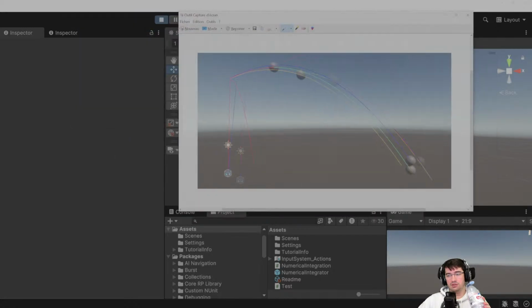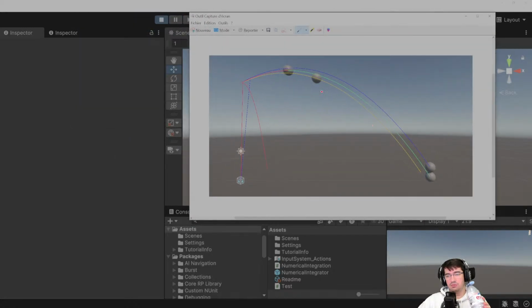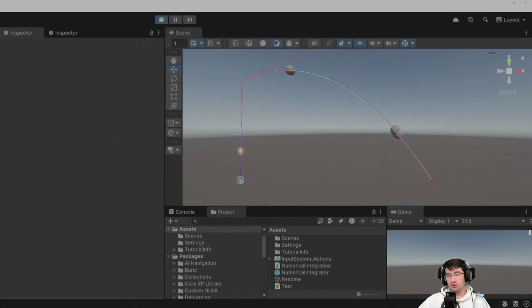As you can see, the green one here, so the velocity verlet, is following the exact same path, whether it's running at 10 FPS or if it's running at 120. So that's probably the best numerical integration method I can get to be accurate on the physics of the character. And that's the one I will choose.